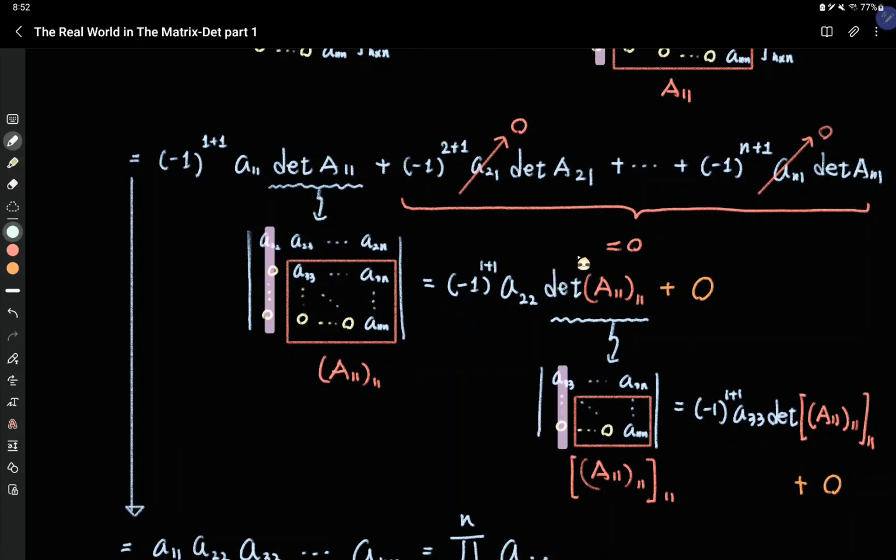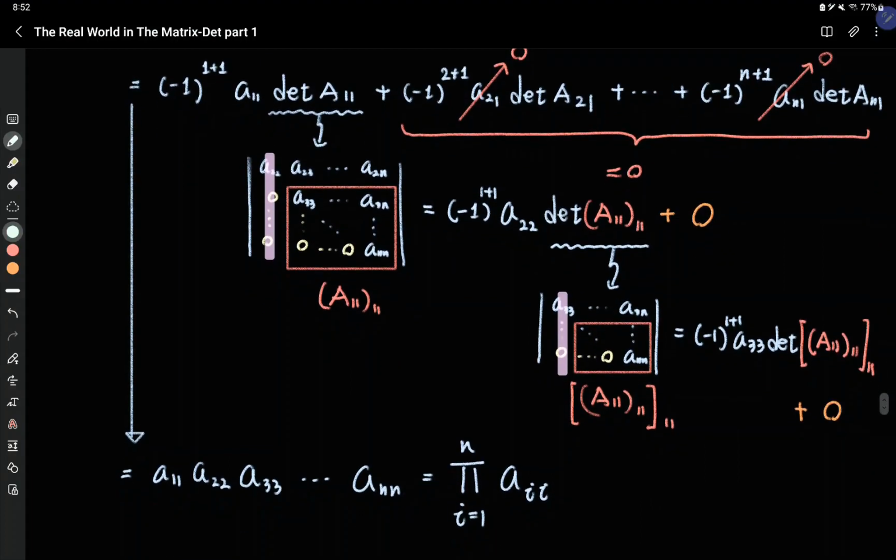To find its determinant, we choose the first column again, and we get the submatrix A sub 1 1 1 1 1 1.